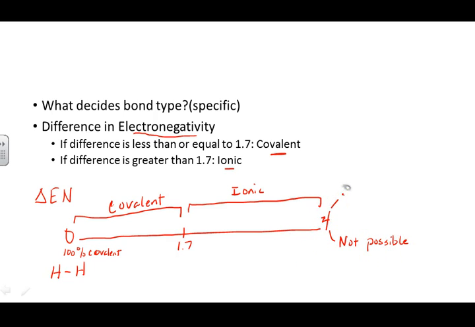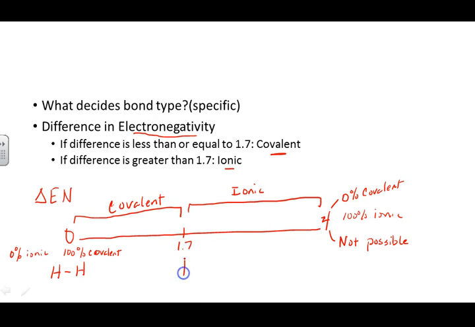This would be 0% covalent. We could also call this 100% covalent, 0% ionic. And this one would be 100% ionic.